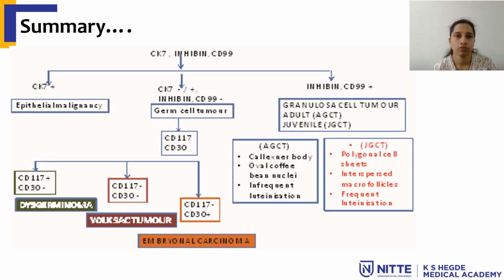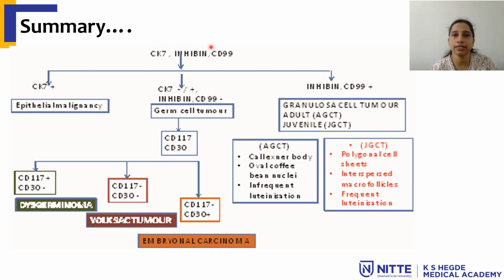So these are the panel of antibodies when we are suspecting a primary ovarian tumor. Initially we do CK7 and CK20, and also PAX8 can be done to confirm whether it is a Mullerian origin tumor. Then we can go ahead with inhibin, CD99.